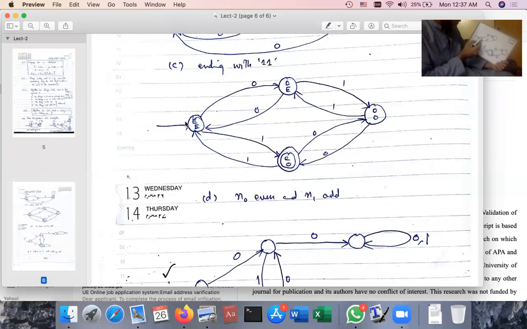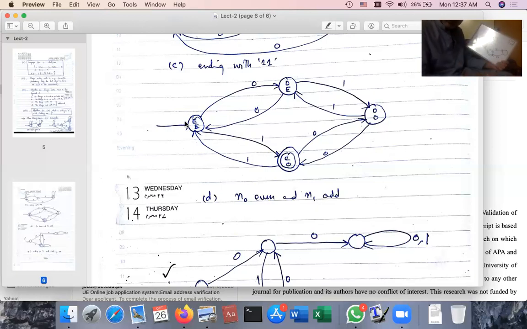Because this state's output degree is finished, but this state still has one less outgoing degree, and also this state has one less outgoing degree. So I have to work over this diagram further.